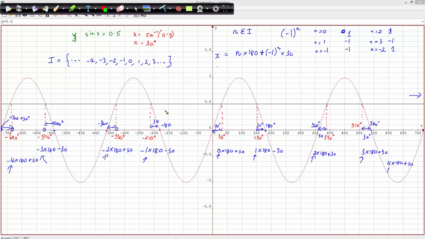We're going to have this kind of pattern of alternating, adding or subtracting values. Now, this value is really important here, because this is the one that we want to add or subtract from our lots of 180. And this is known in mathematical terms as the principal value.